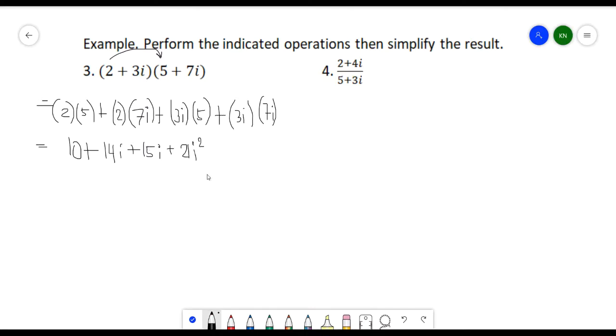Now, as we know in complex numbers, i squared is automatically equivalent to -1. So that being said, we have 10 plus 14i plus 15i plus 21 multiplied by -1. Again, i squared is equivalent to -1.